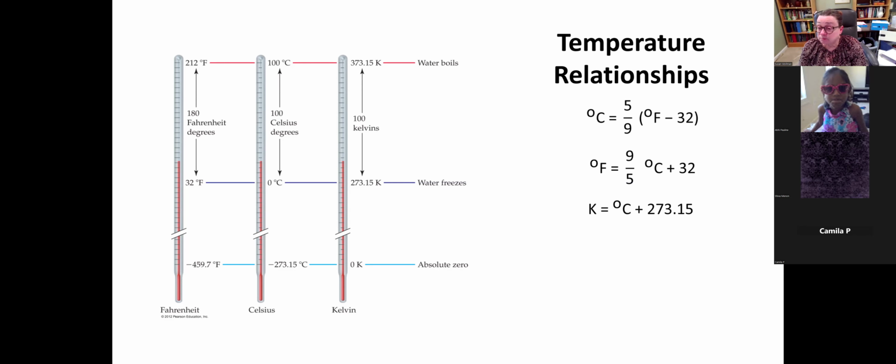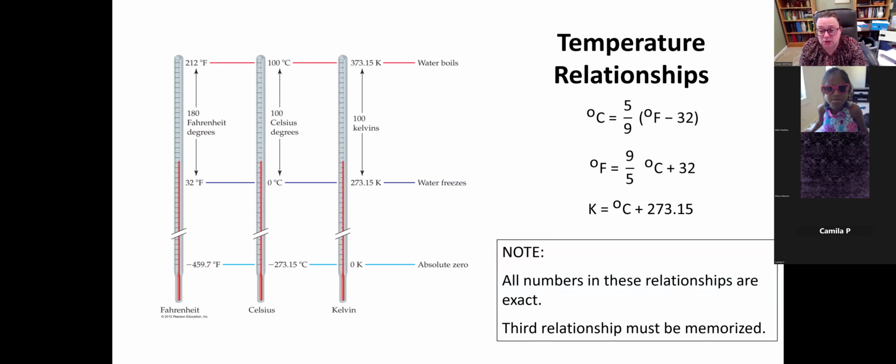One thing to point out in these conversions, all of the numbers in these relationships, in these equations, are exact numbers, right? These are definitions of what these temperature scales are. They're all relative to each other. So even though some of those numbers are whole numbers and some of them have decimals in them, they're all exact numbers.